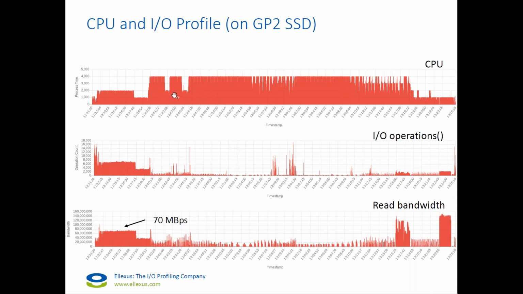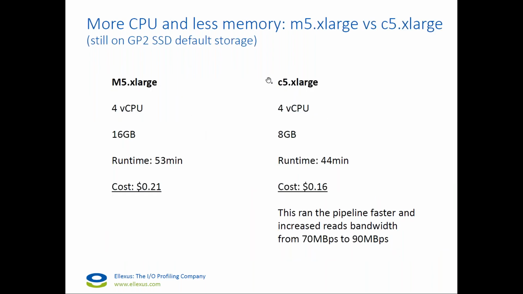We then looked at CPU utilization versus IO operation and read bandwidth. And it looks initially as if the CPU is not being fully utilized here, because we're only using 1 or 2 cores out of the 4 on the machine. However, when we did an experiment to move from an M5 large to a C5 large, which is a much more powerful CPU, and we degraded the memory, we actually found that upgrading the CPU made a significant difference.